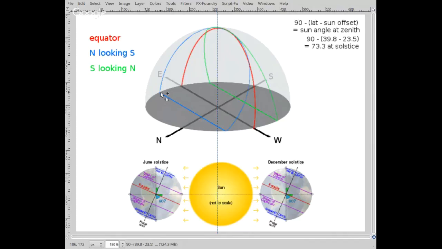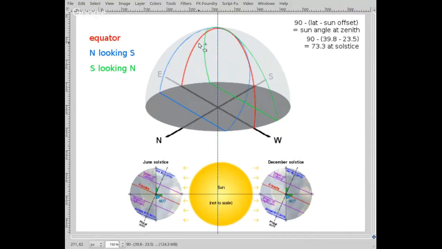Because if it was just a matter of how low it is, we would always have a 90-degree arc. But we don't. And if it's just that I'm this far from the equator, then why does it ever rise and set directly east-west? It should rise and set here. It should always do this red line, as far as I'm concerned.